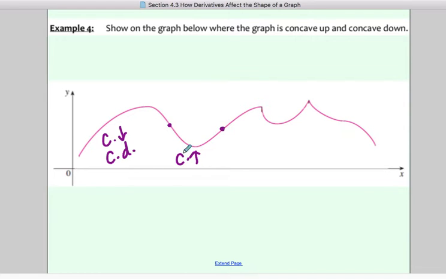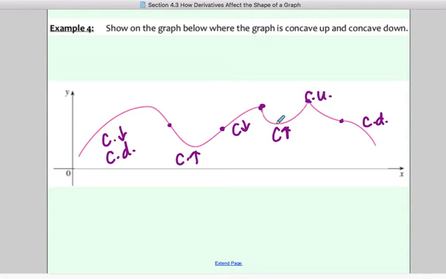Kind of creates a bowl, could hold a little bit. From here to here, it has a little curve down, it's concave down. Then from here to here, concave up. And then I think there's one more little switch here. We would be concave up. And then from here to here would be concave down.